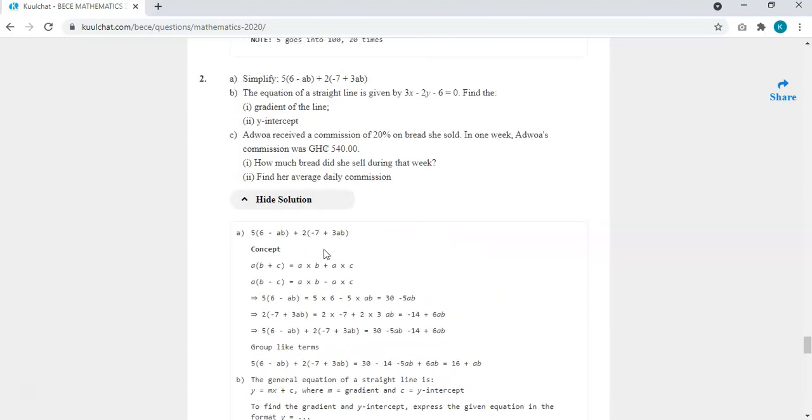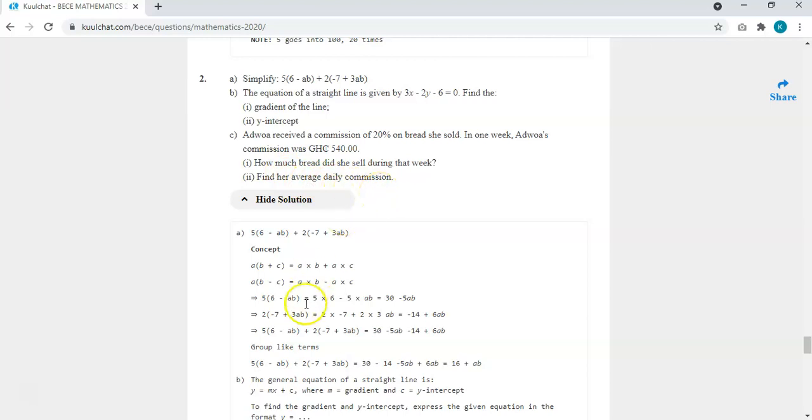Question 6 says, Adria received a commission of 20% on bread she sold. In 1 week, Adria's commission was 540 Ghana cedis. How much bread did she sell during that week? And find the average daily commission.